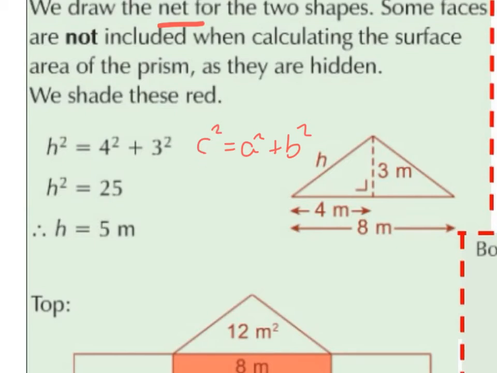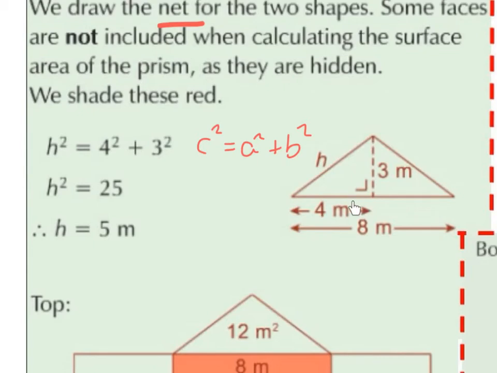So the c always stands for the longest side, which is the hypotenuse, and it's labelled as h. And it's always across from the right angle. So this is our longest side. We've labelled it as h, so it's just going to be h squared. Then the a and the b are the other sides, and it doesn't matter which way you label these because you'll still get the same answer.